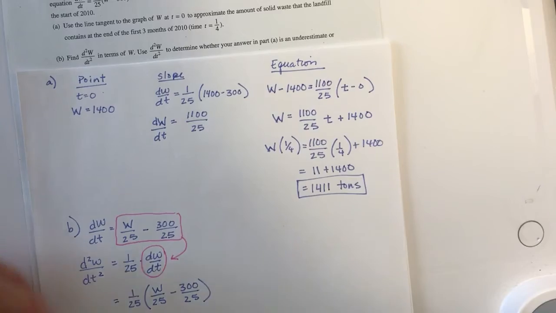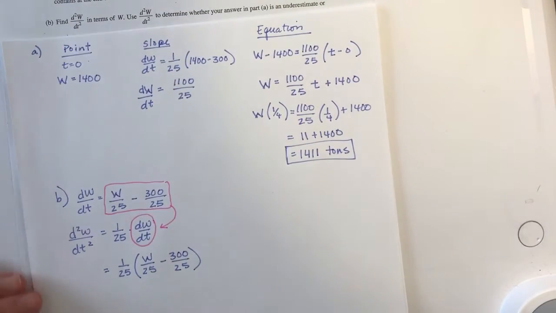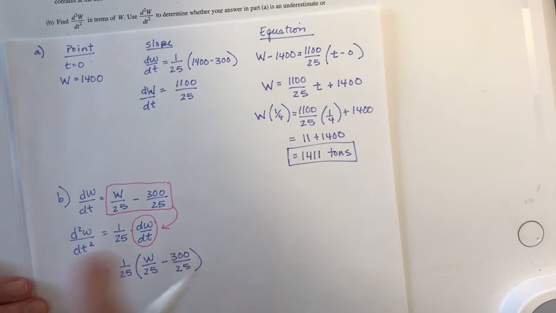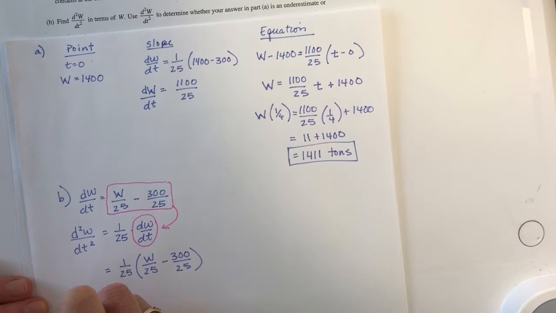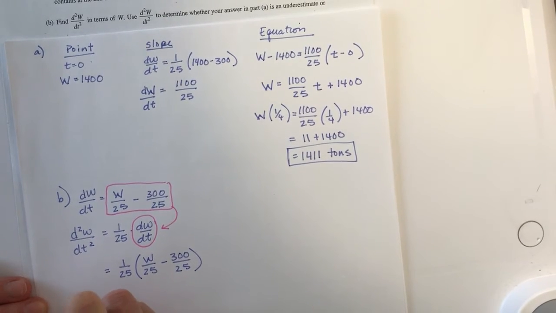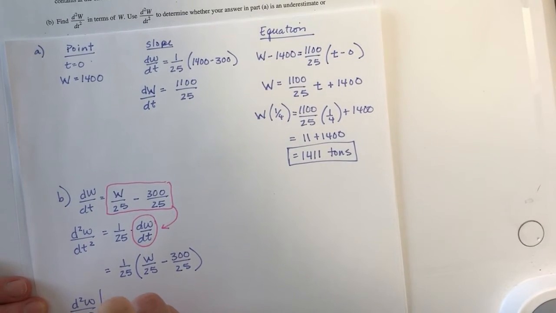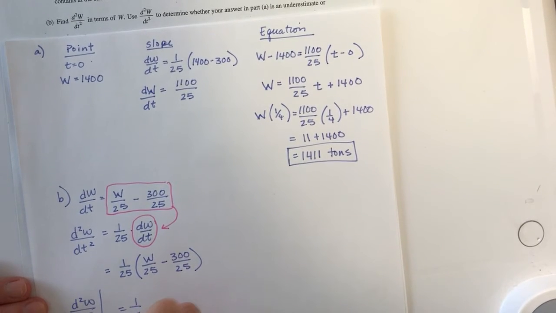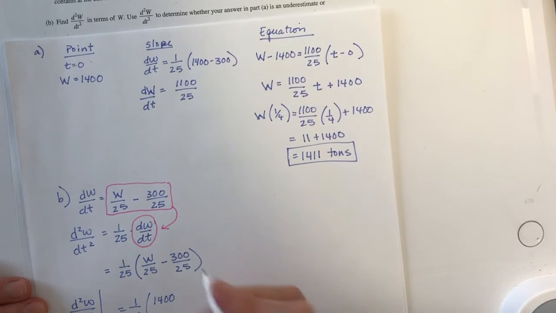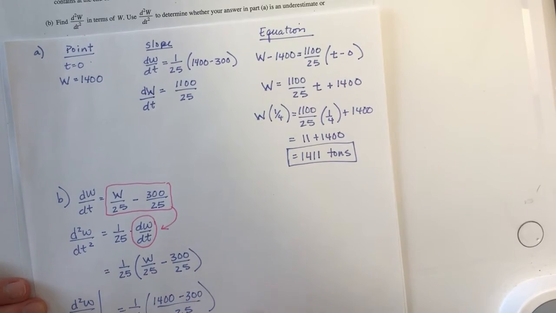Okay, now we get to plug in 1400 for w. So d squared w/dt squared at t equals 0, what do we get? So it's 1/25 times 1400 minus 300 over 25.